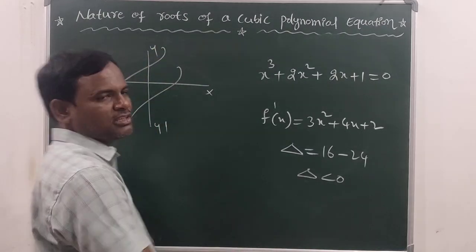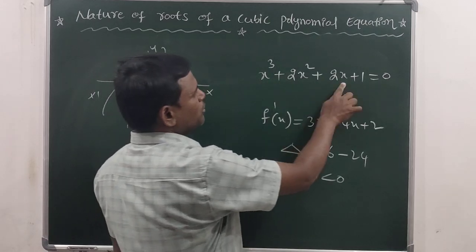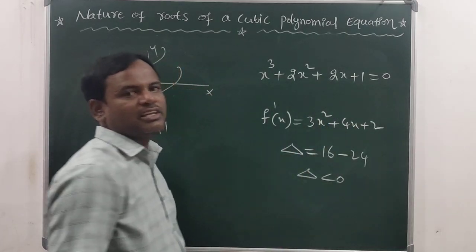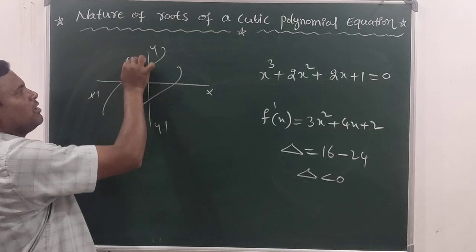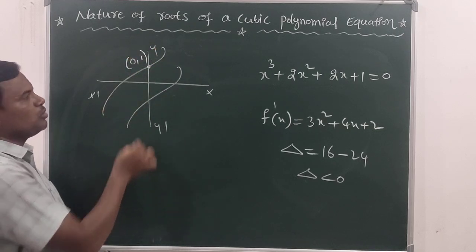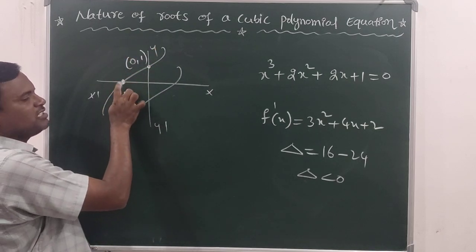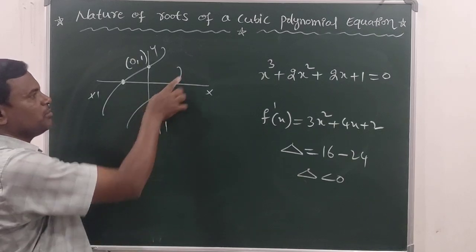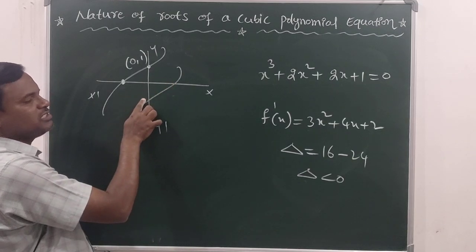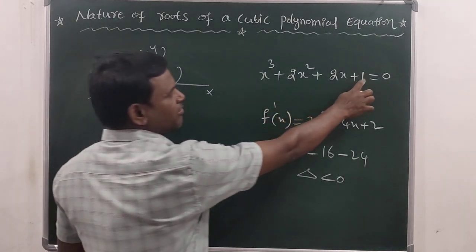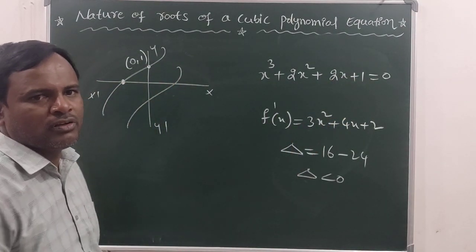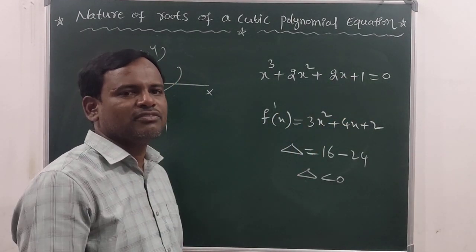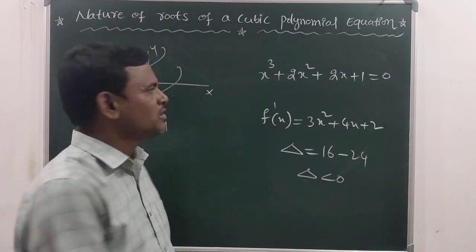But in this case, if I keep x equal to 0, you are getting the constant as positive, that means 0 comma 1. So you get one real root, that is a negative real root. In this case the constant value is positive, which means you will get a negative real root. One real root you will get, and the rest of them are complex roots.